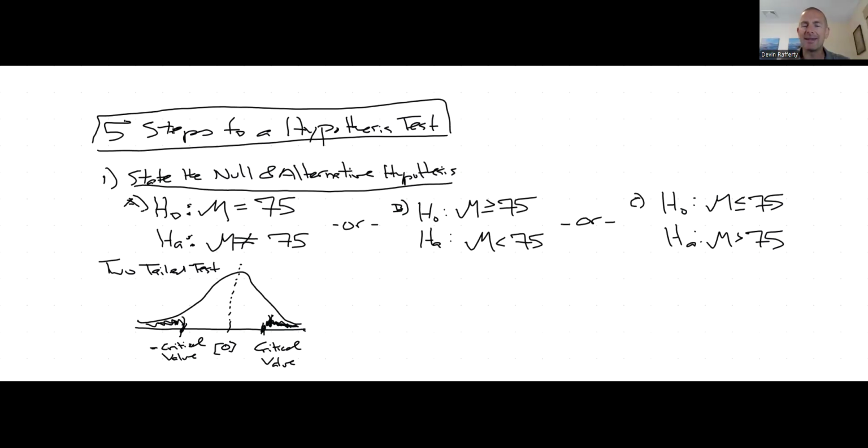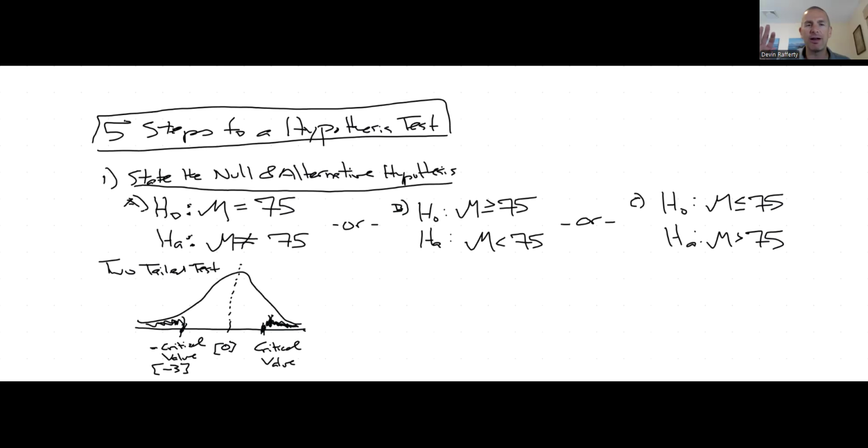Let's just pretend, I'm just making up these numbers, I'm completely making them up. Let's suppose that my critical value is -3. Where did I get that from? I totally made it up. We don't get the critical value until step 4, and we're only at step 1 right now.